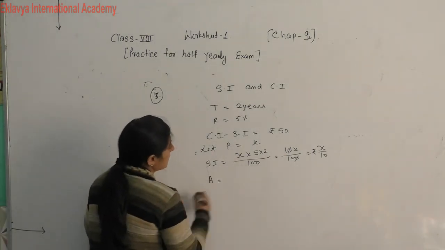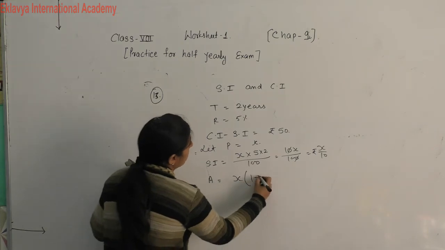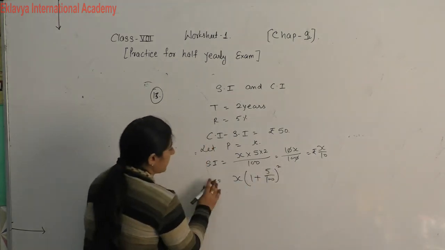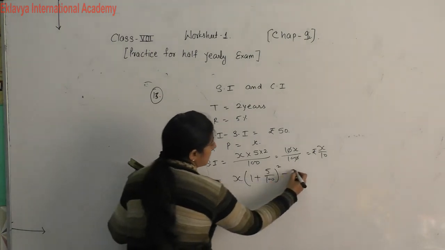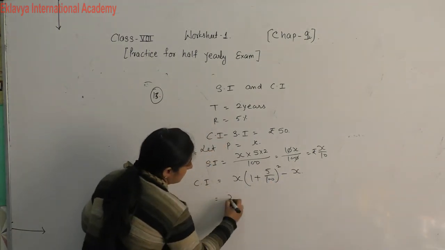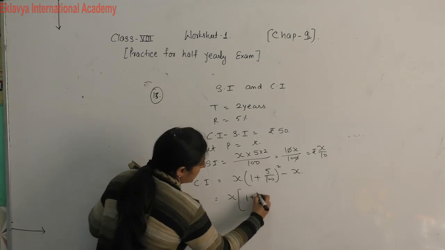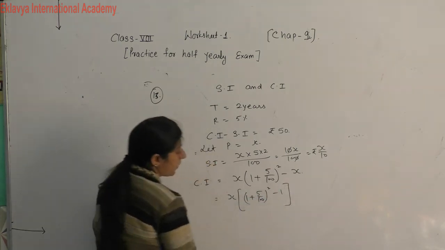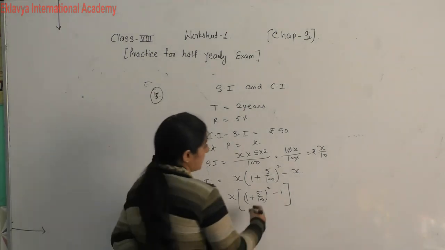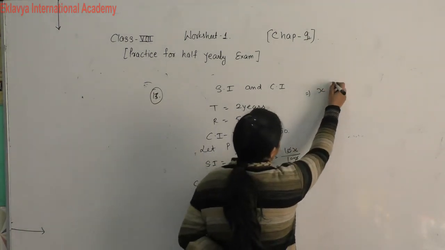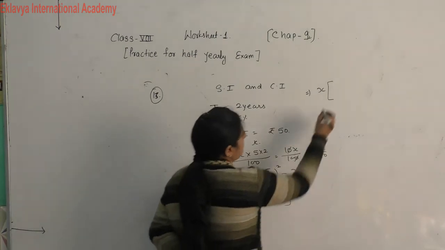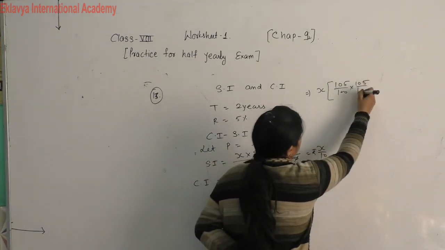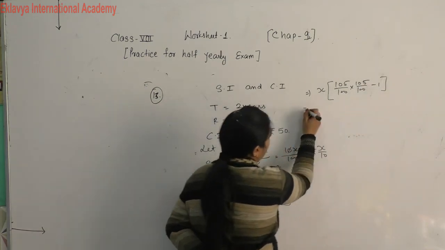Amount for this principal X is X times 1 plus R by 100 power 2. Then compound interest is that minus X. Then taking X common, 1 plus 5 upon 100 power 2 minus 1. Then solve it. It becomes X multiplied by 105 upon 100 times 105 upon 100 minus 1.